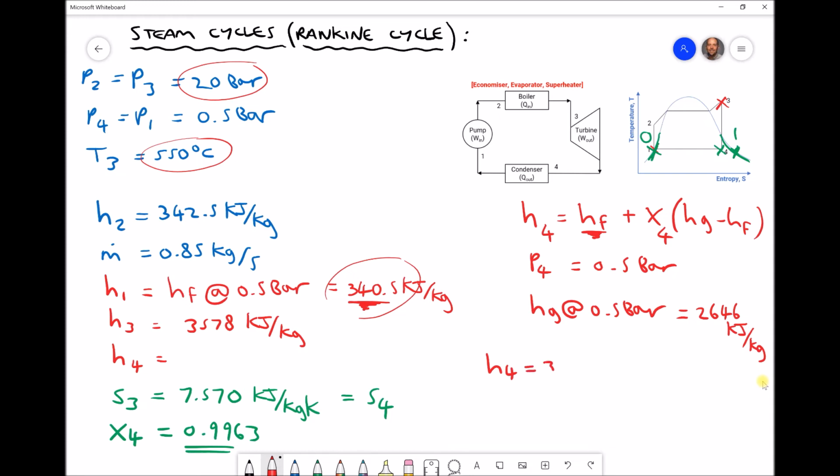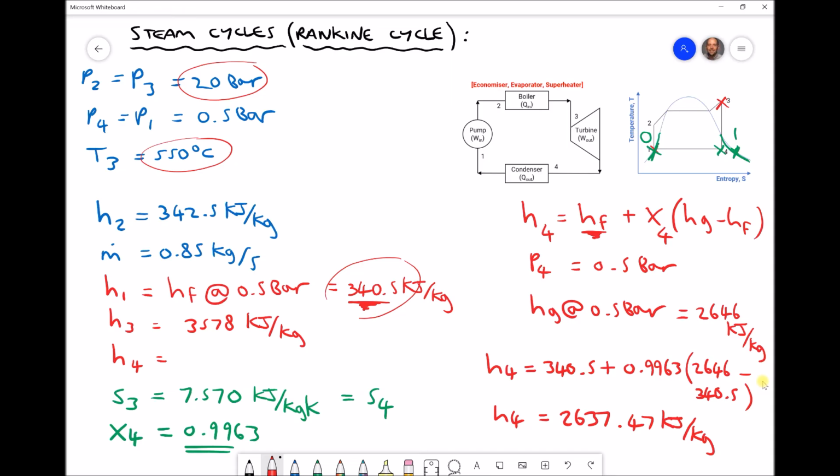We have HF, 340.5. We have a dryness fraction at position 4 of 0.9963. We have an Hg value of 2646. And we have an HF value of 340.5. Giving us an H4 value then equal to 2637.47 kilojoules per kilogram.